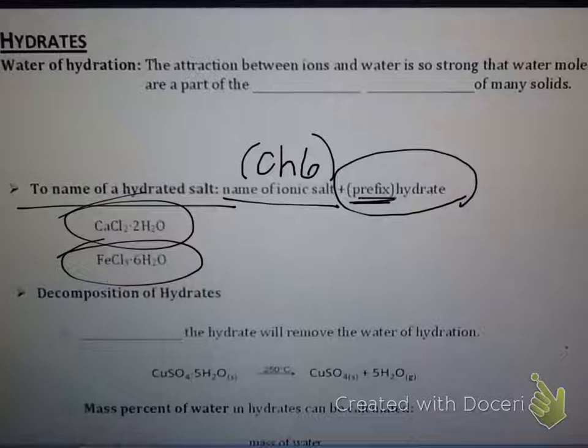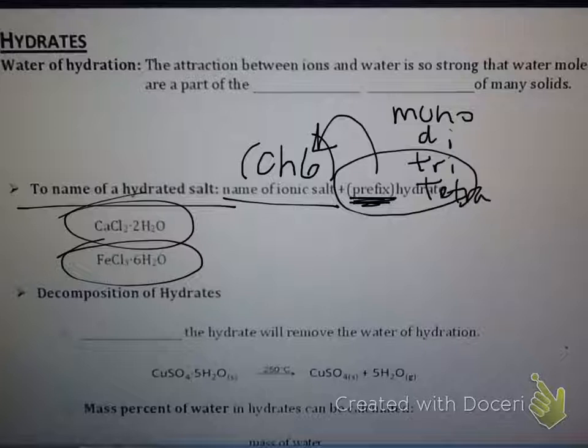So you're going to use a prefix, the same prefixes we used in chapter 6 for molecules: mono, di, tri, tetra, penta, hexa, hepta, octa, nona, deca. We're going to use those same prefixes to tell how many hydrates are bound.